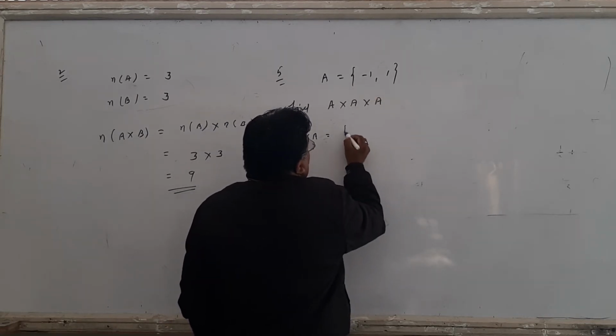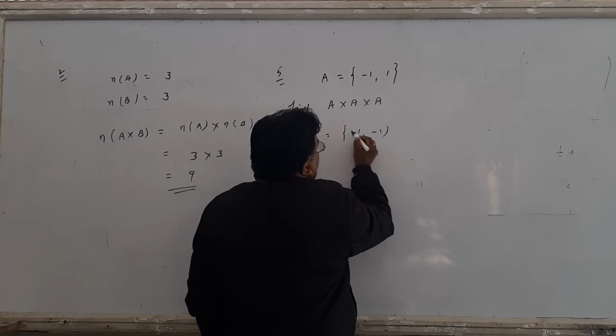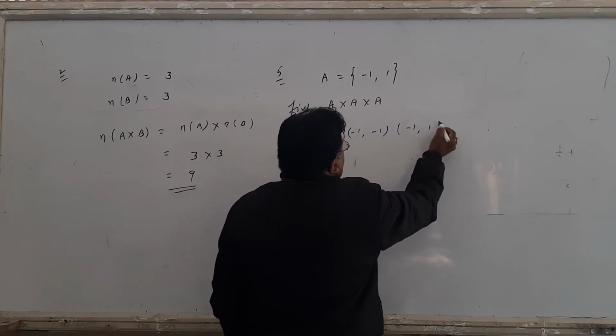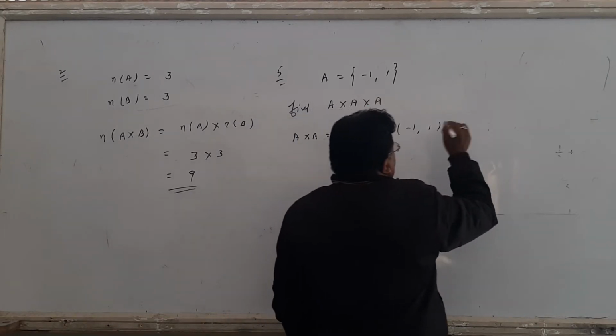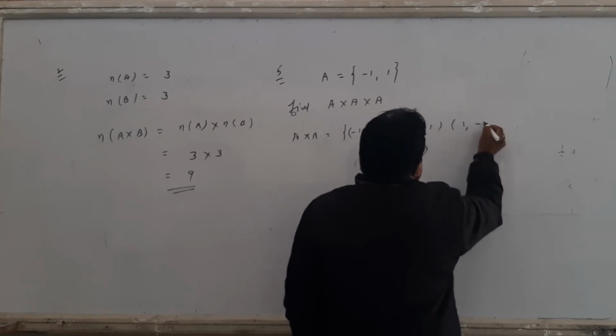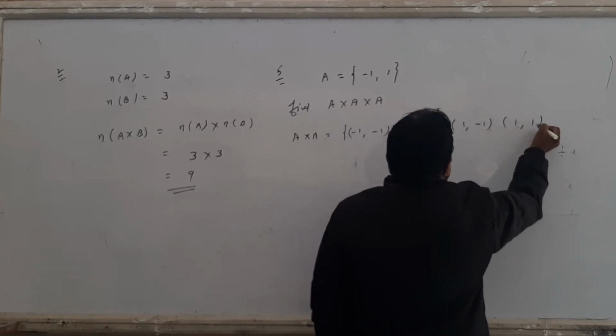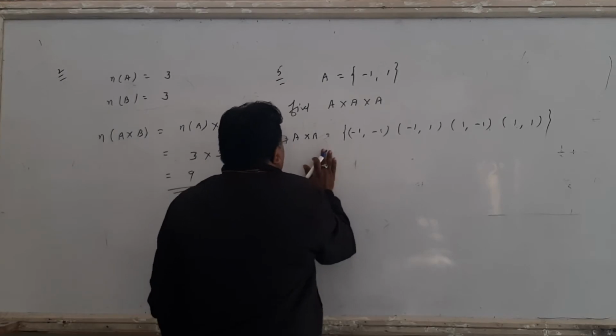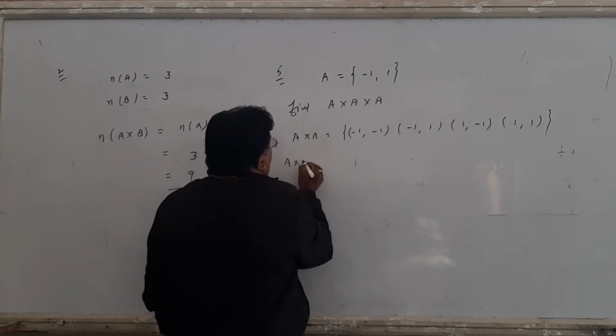So now -1, -1, plus, again the first element of set A with 1: 1, -1 and 1, 1. There are 2 elements. This is the value of A cross A. But now find A cross A.